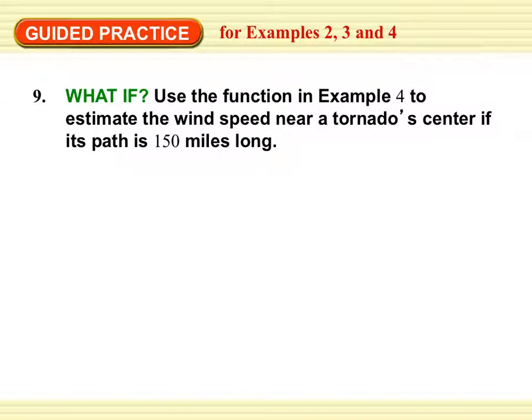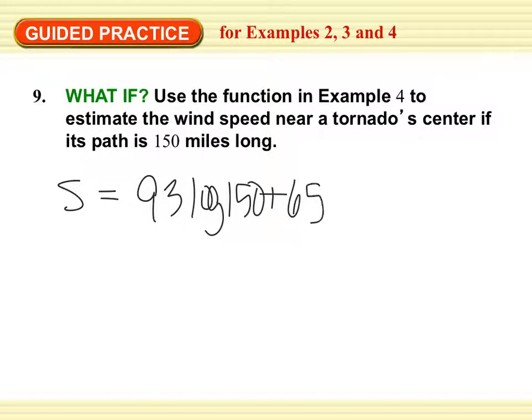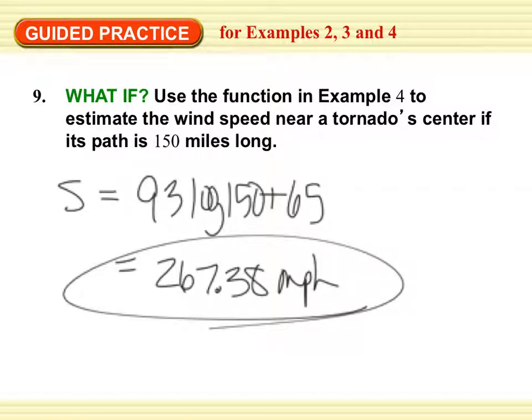And use the function in example 4 to estimate the wind speed near a tornado center if the path is 150 miles long. So 93 log 150 plus 65. So log 150 times 93 plus 65, and I get 267.38 miles per hour.